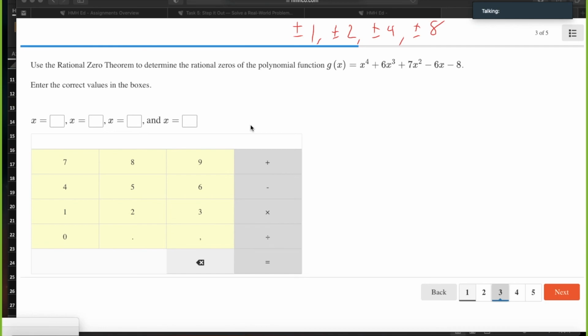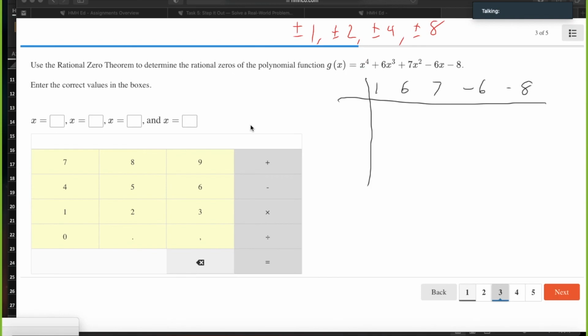Too easy. Especially after that last problem, this should be no problem. So let's make our coefficients 1, 6, 7, -6, -8. Our denominator is 1 because of this guy right there.